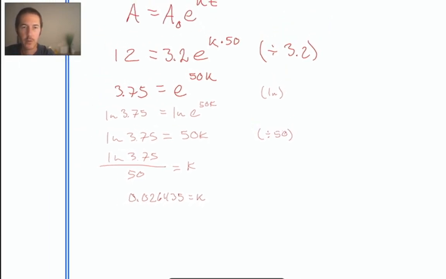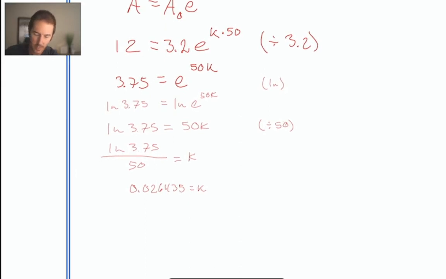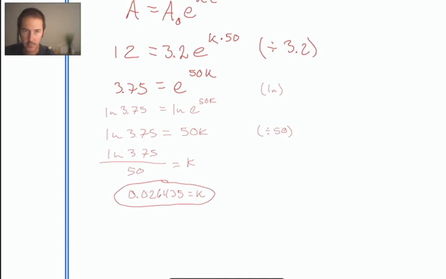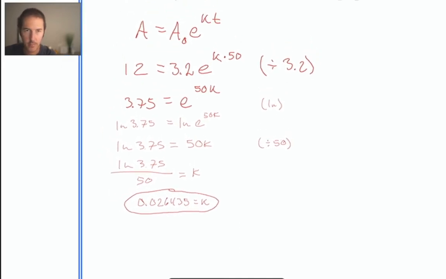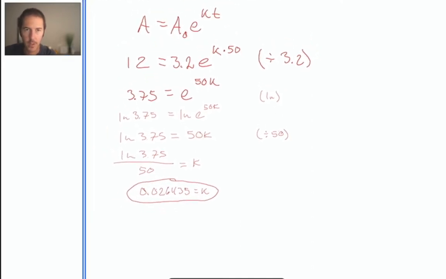Now, I'm going to use this k value, I'm going to plug it back into this equation that I've designed that's sort of at the top of the screen. There we go. Our final amount is equal to our starting amount, which is still 3.2 million. And we're multiplying that by e to the, now I know what my k value is, 0.026435 times t.